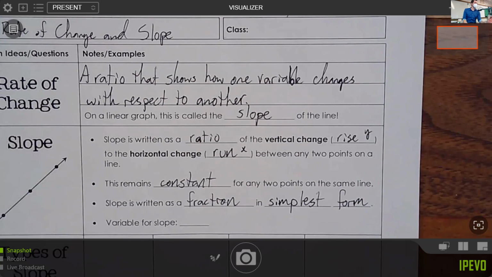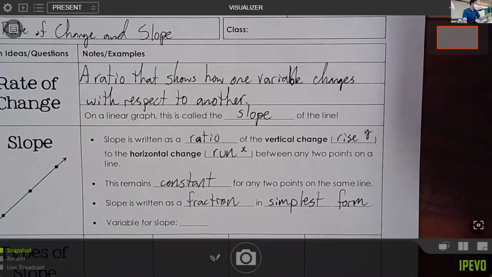Now there's a specific variable that we use for slope, and it's not S. Does anybody remember what letter we use for slope? What's that? Z? We actually don't use Z, not for slope anyway. Z is generally used in a 3D graph.